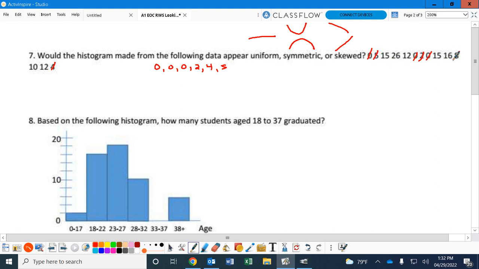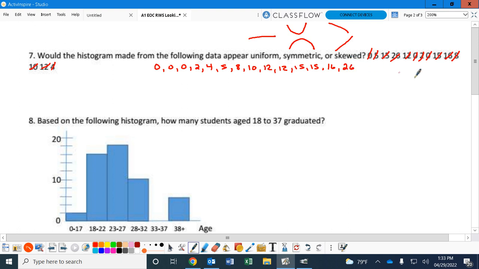There's an 8. There's a, where's your 10? Oh, thank you, 10. Thank you for saying that. 2 12s. Let me get 2 12s and cross them out. 12 and 12. What's next? 2 15s. So 2 15s. And then a 16 and a 26.